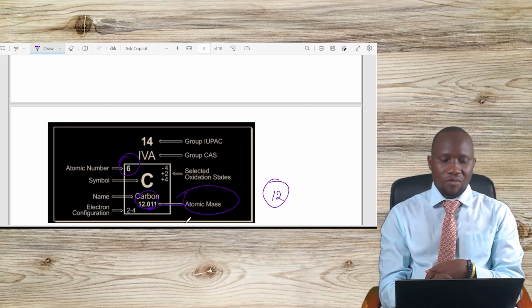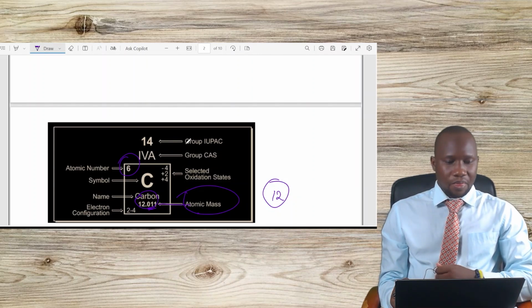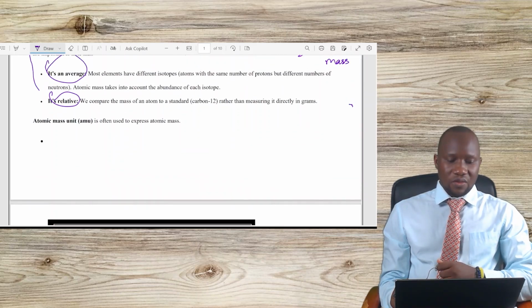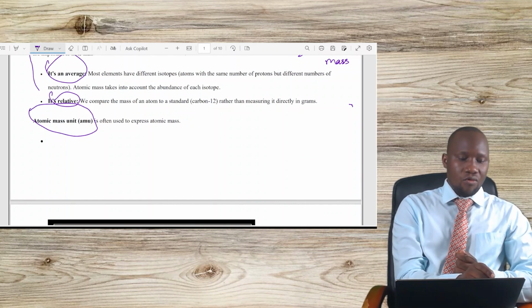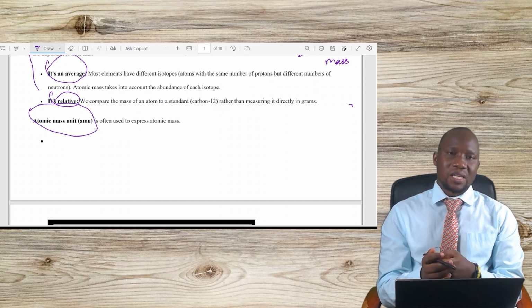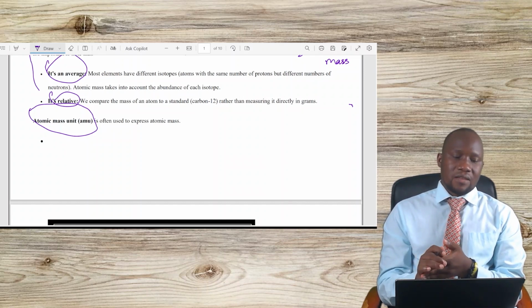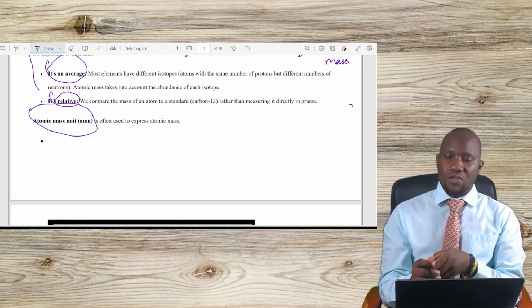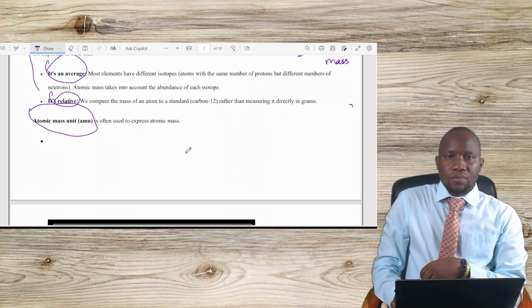There's no need for you to have these decimals in there. So when you put 12, that's fine. The units for the atomic mass or relative atomic mass is the atomic mass unit, amu. Okay, those are the units that we use.